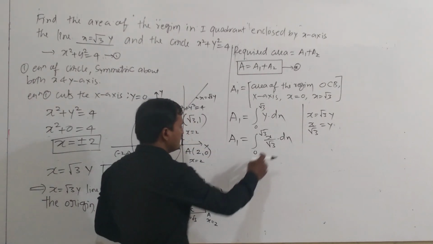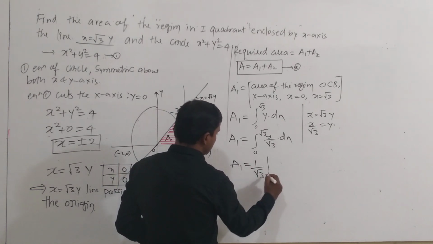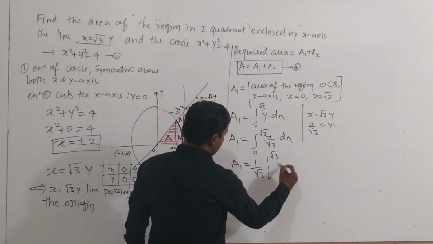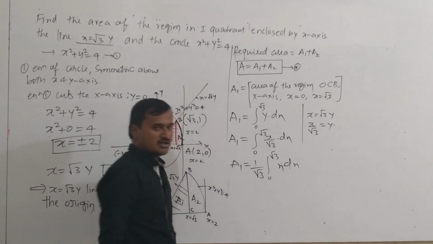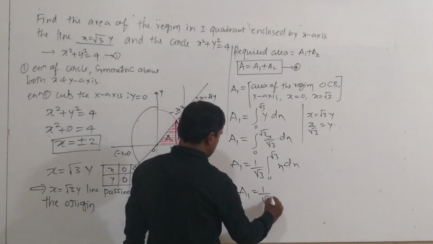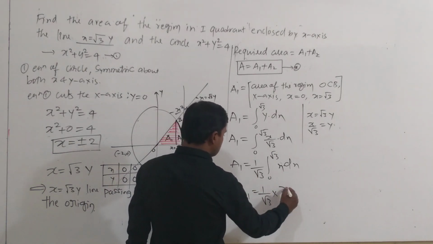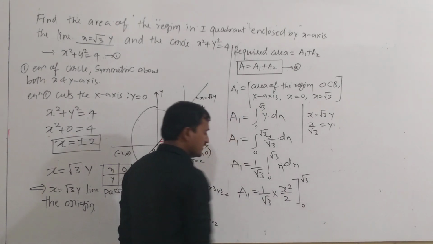Now I will take this root 3 outside the integral. 1 by root 3, integral 0 to root 3 of x into dx. Right, x into dx. What is the integration of x? Therefore A1 is equal to 1 by root 3 as it is. So integration of x is x square divided by 2 over the limit 0 to root 3. Right.